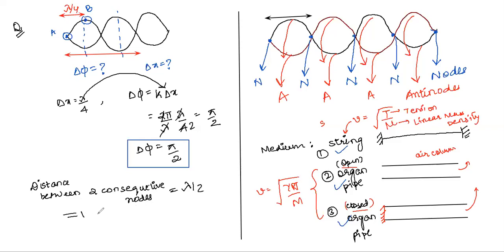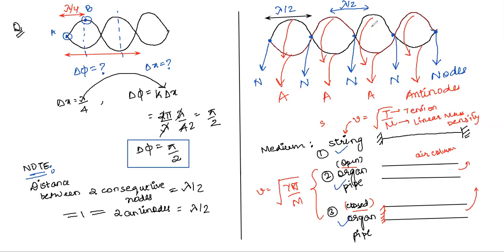Please take this as a note, between two antinodes is lambda by 2. Please take these notes, class. Take these key notes, right? It's clearly visible here. This is lambda by 2. And similarly, the distance between two consecutive antinodes is also lambda by 2, right?